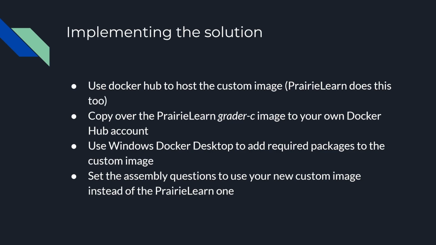And we will use Windows Docker Desktop to go into the Docker image and install the packages we need to, and then we push it and save it. And then we will set the assembly questions to use our new custom image in the config. It's just a small change. You change the existing PrairieLearn one over to your name instead.